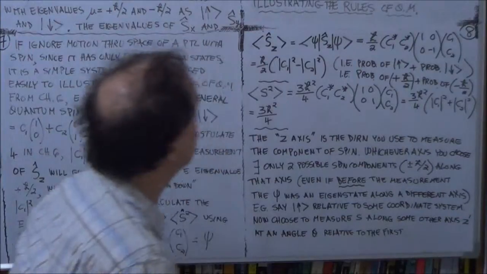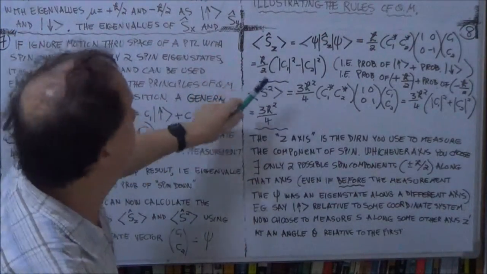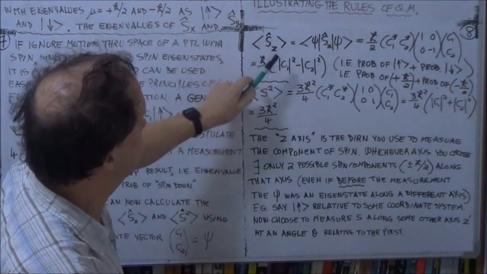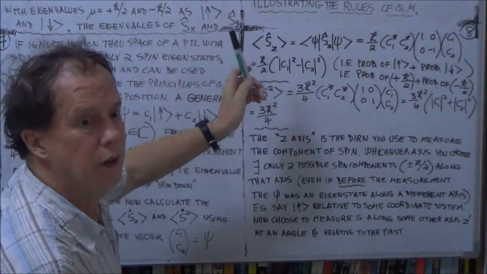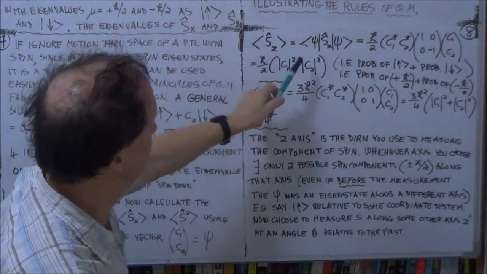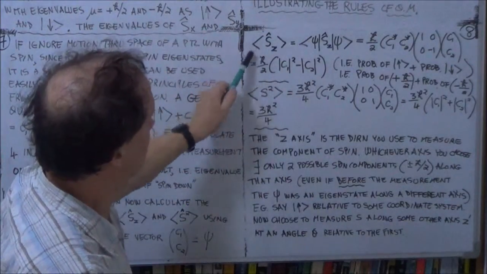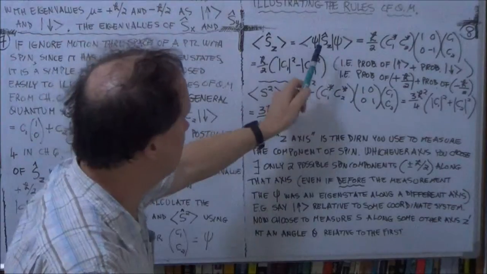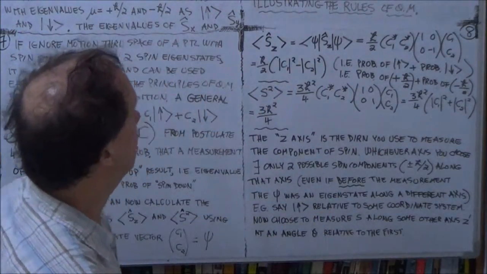Okay. So let's find the expectation value, the average measured value for S_z. In other words, the component of the spin angular momentum along the z-axis. That's what this means. Right? Now this is just shorthand for this. Remember, that's where these angular brackets came from. They came from this bra-operator-ket notation. Right?